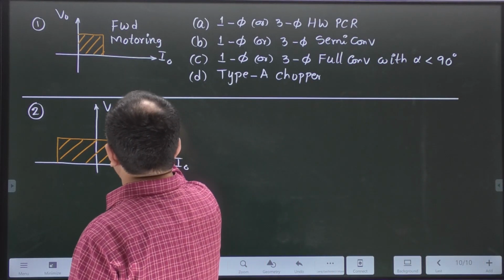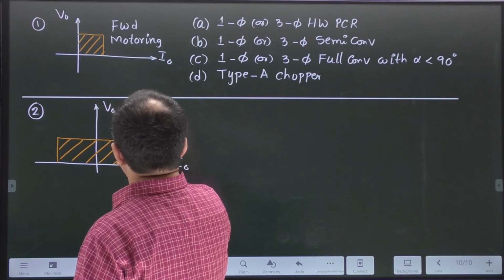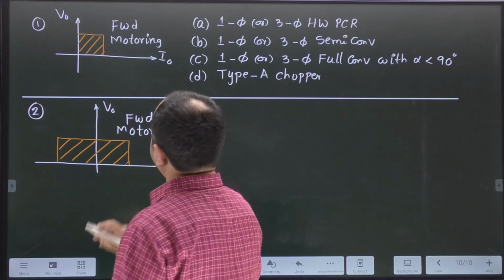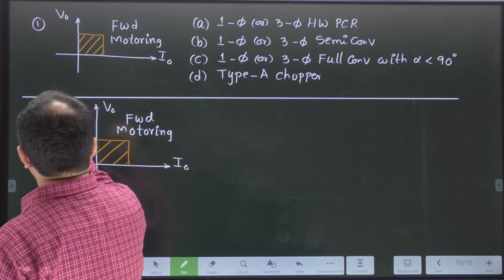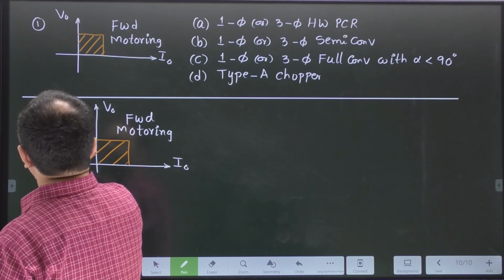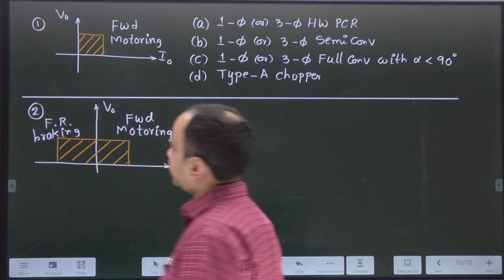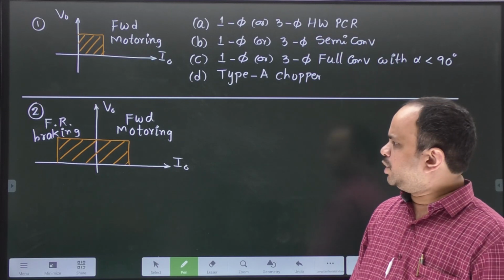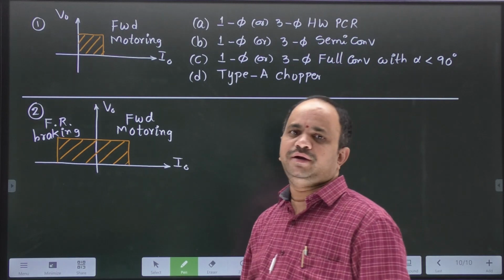In the first quadrant, it is forward motoring. Second quadrant, forward regenerative braking.